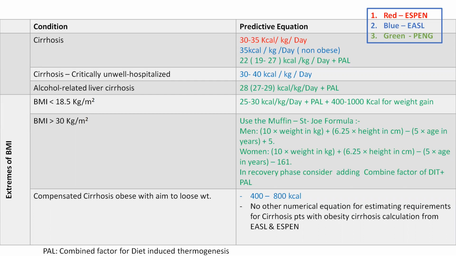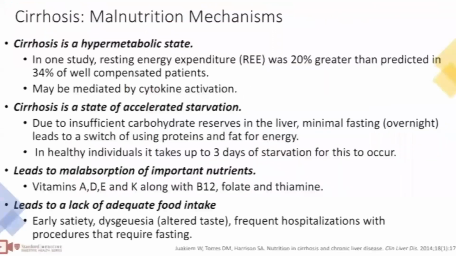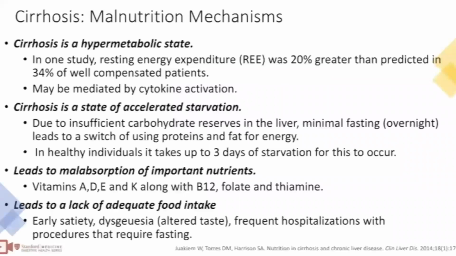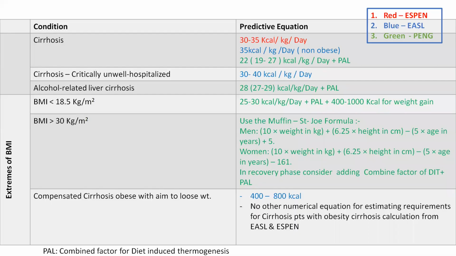A decompensated cirrhosis patient needs more calories to fight the 20% greater requirement. So we must focus on the PENS guidelines. PENS estimates more calories than any other guidelines.